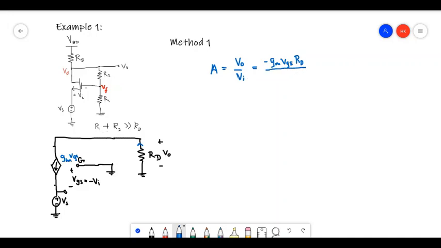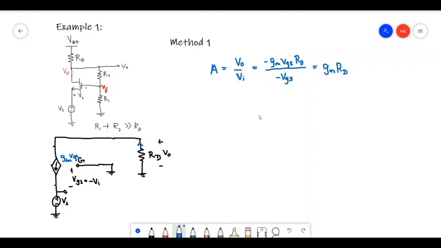And the input voltage Vi is the voltage here, so Vi is given by minus VGS. Therefore the open loop gain A is gm times RD. So this is the open loop gain.